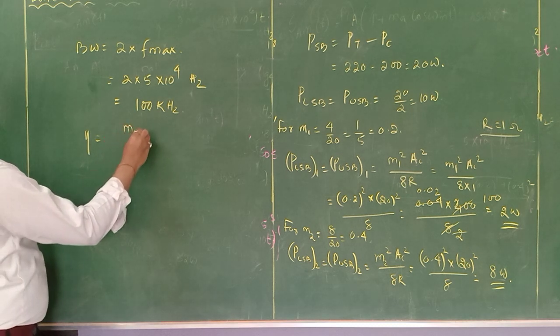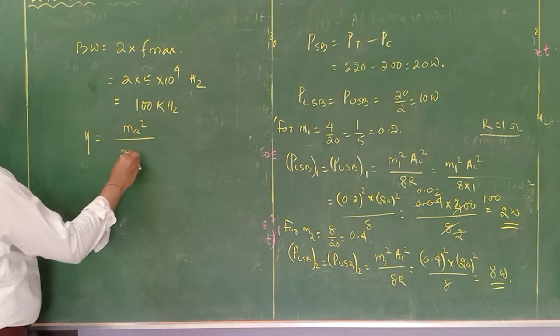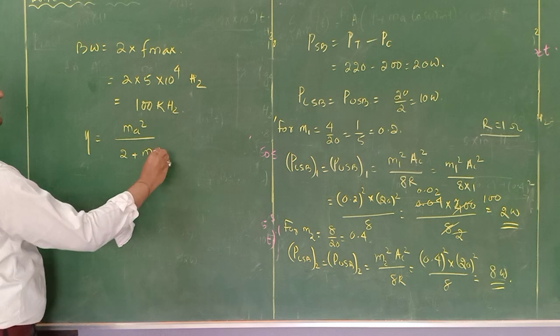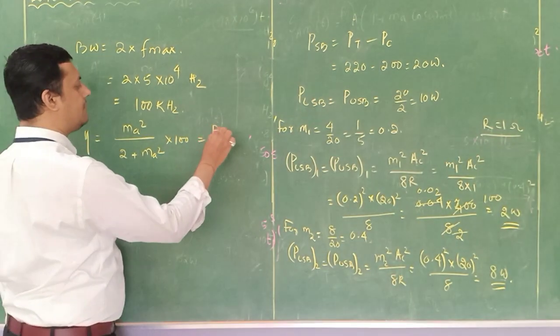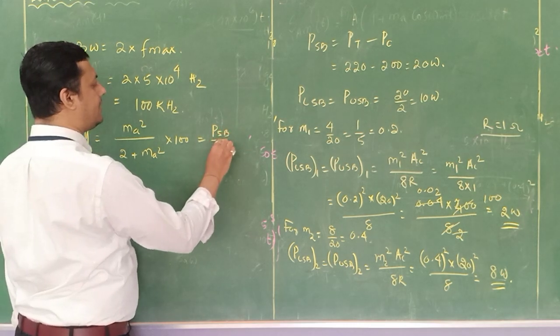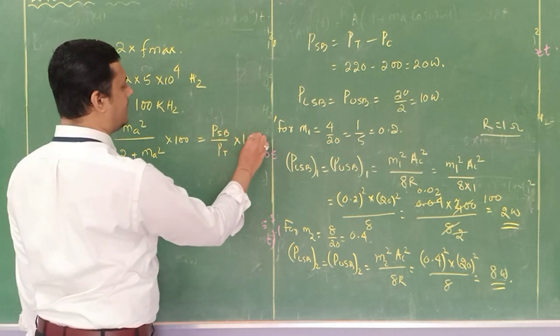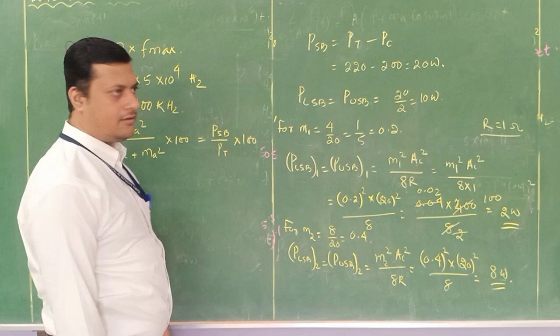Now next, efficiency. Efficiency is how much? Either we can proceed with the MA square relation or we can proceed with sideband power divided by transmitted power into 100. Any of this relation you can take. Okay.